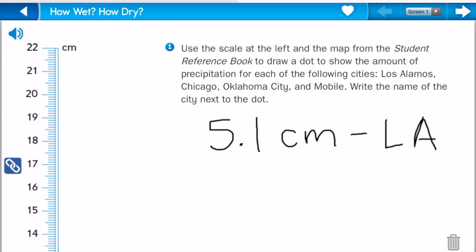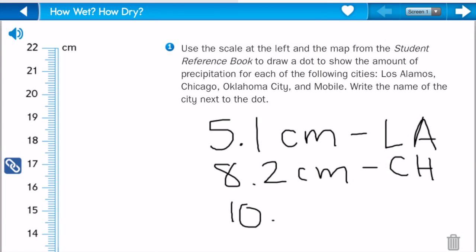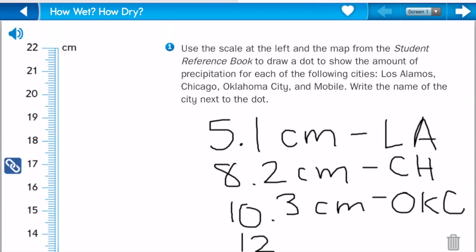Chicago has 8.2 centimeters. Oklahoma City has 10.3 centimeters. And Mobile has 12.9 centimeters.